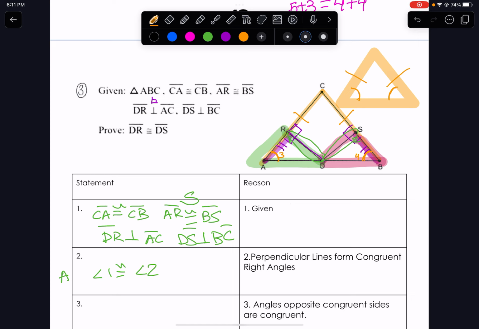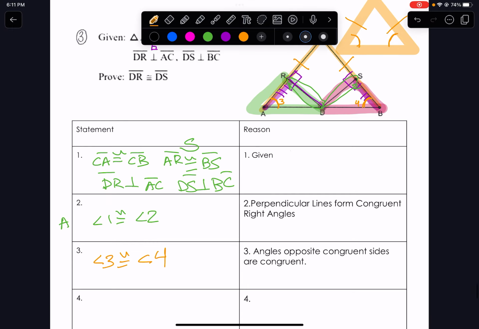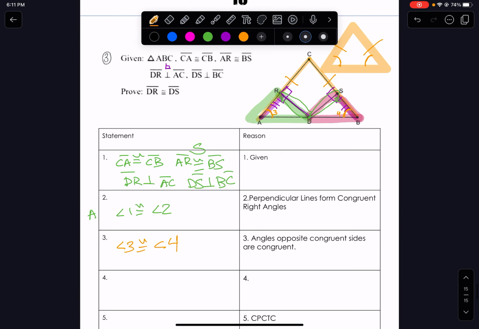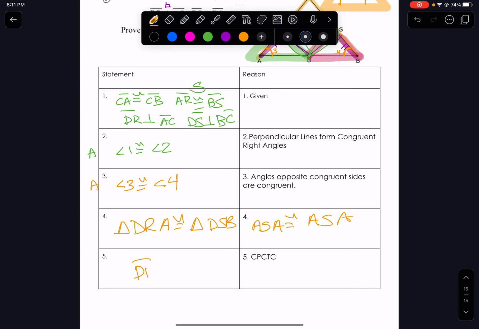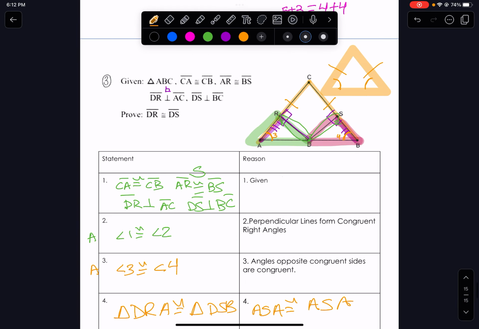So angles 3 and 4 are congruent because they are opposite of congruent sides. Now I have angle, side, angle. And I can say that triangle DRA is congruent to triangle DSB. Finally, DR is congruent to DS.